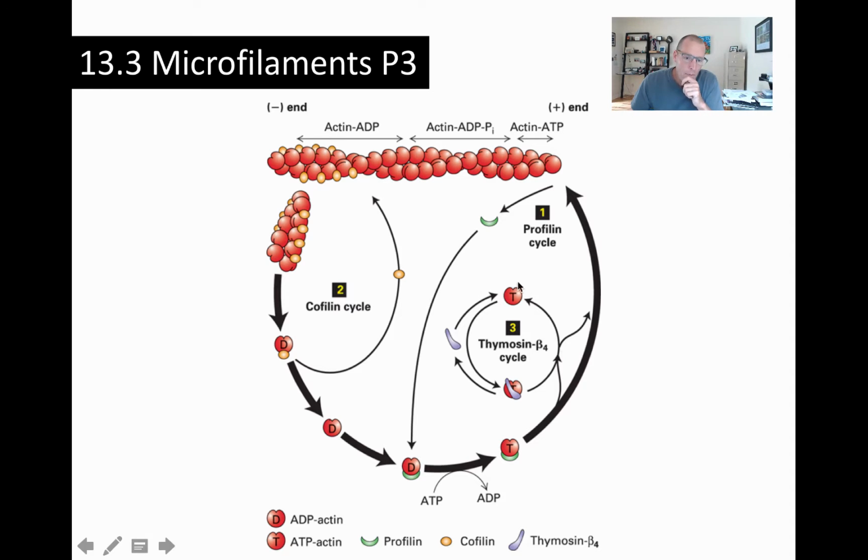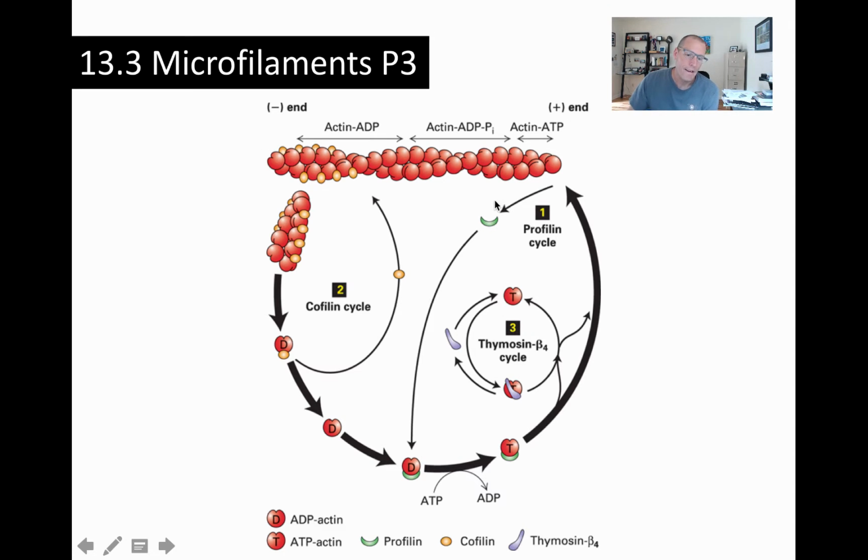Now, thymosin beta 4 competes with this protein called profilin, and so the competition between these two proteins determines, in conjunction with the critical concentration and the free concentration of actin, whether we get polymerization at the plus end. What I'm trying to do is build up a picture to show you that when you have more complexity, that's obviously a challenge for us to understand, but it means you have much finer control over these processes. So thymosin beta 4 and profilin compete for actin.